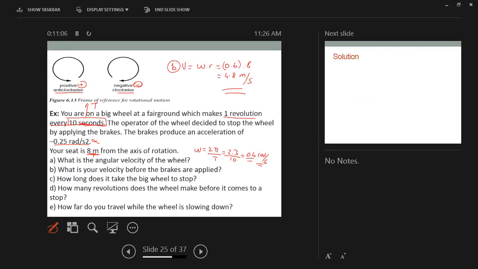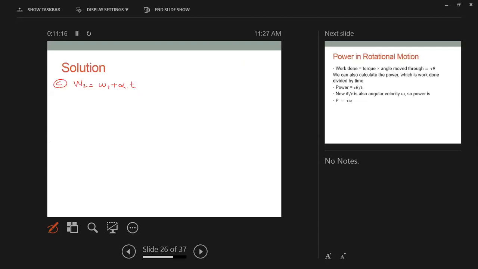We can use the V over here. If we find the V, this one we can use as final one. Okay? Because before stopping, that is going to be the velocity that we are going to look for. So let's put it here. We are looking for time. So time equals V2.